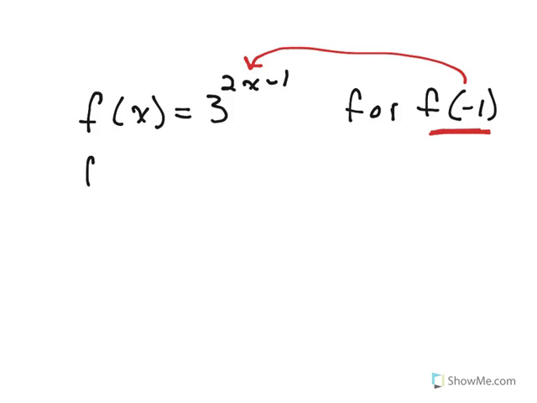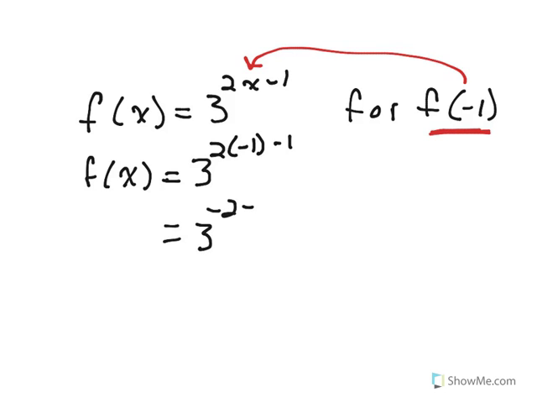So this gives us the function of x equals 3 to the power of 2 times negative 1 minus 1, which equals 3 to the power of negative 2 minus 1, which equals 3 to the power of negative 3.